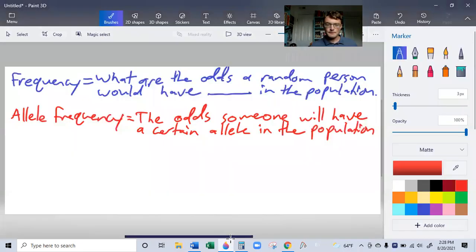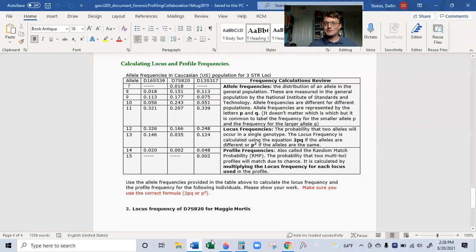Let's pop back over here. The next level up: if I'm trying to prove to the judge that this is the bad guy, I say, well, the sample has an 11 at D16, and the guy has an 11 in his combo, hence this belongs to him.